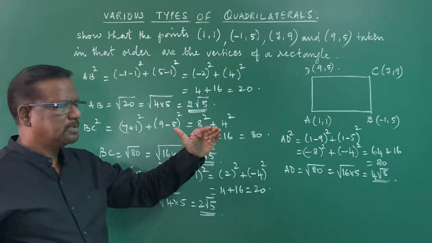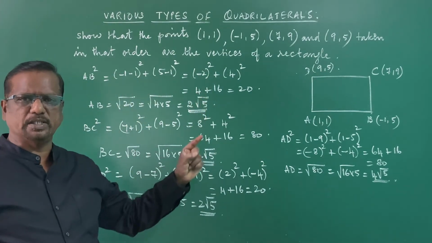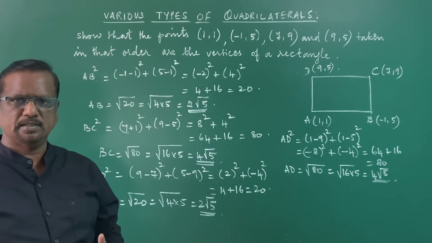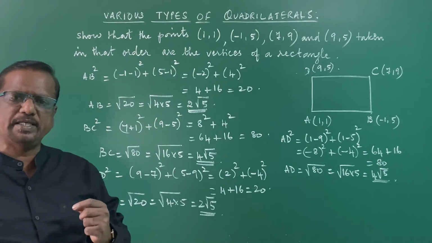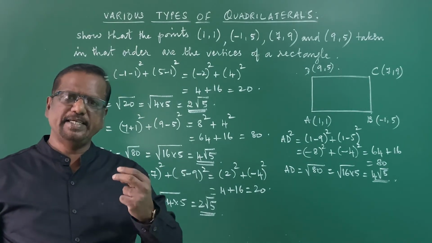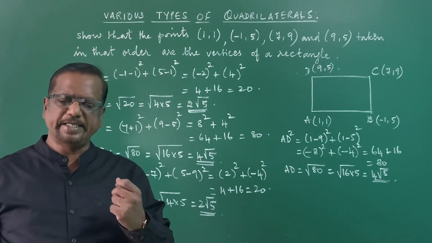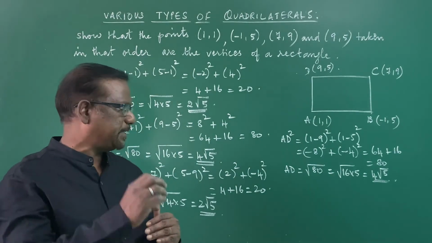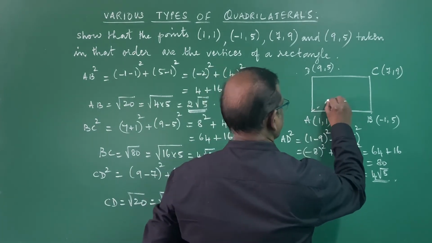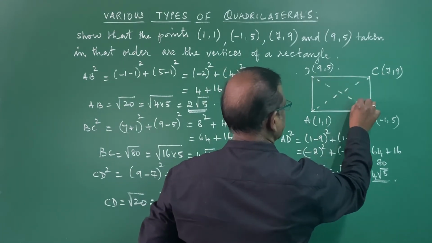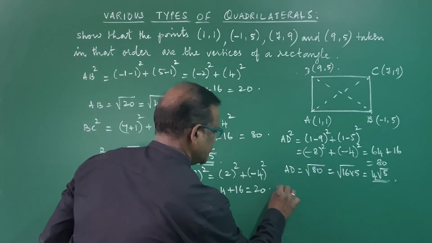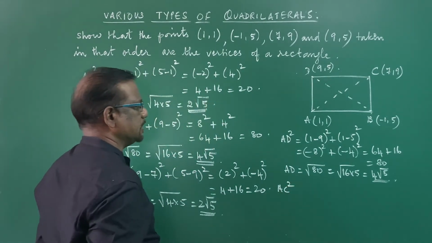Now we have found the lengths of the 4 sides. For proving it to be a rectangle, we need 2 more measurements, namely the lengths of the diagonals AC and BD. Now let us find that. So we go for AC square.